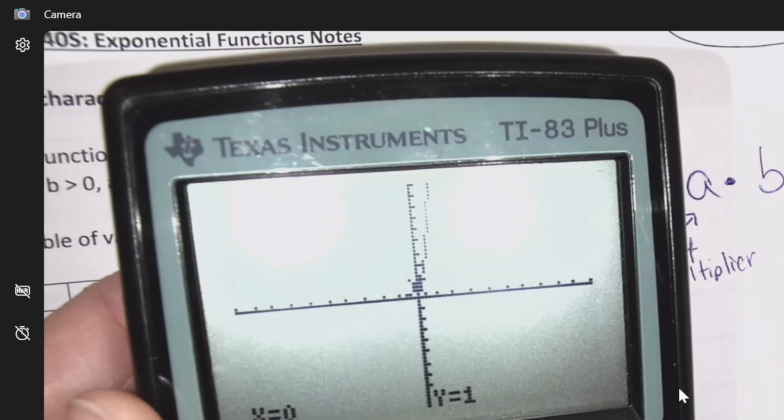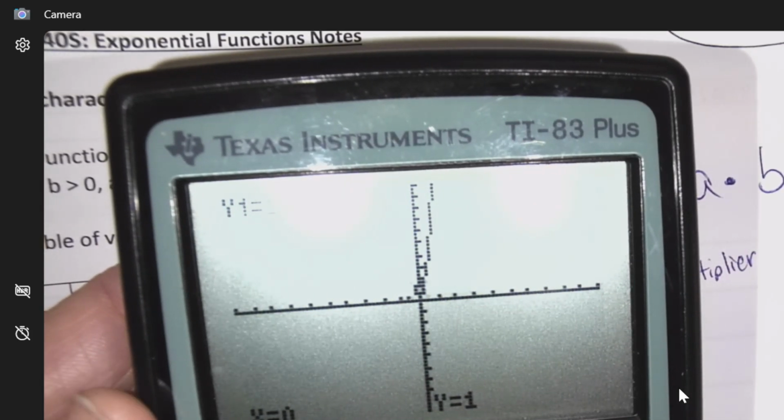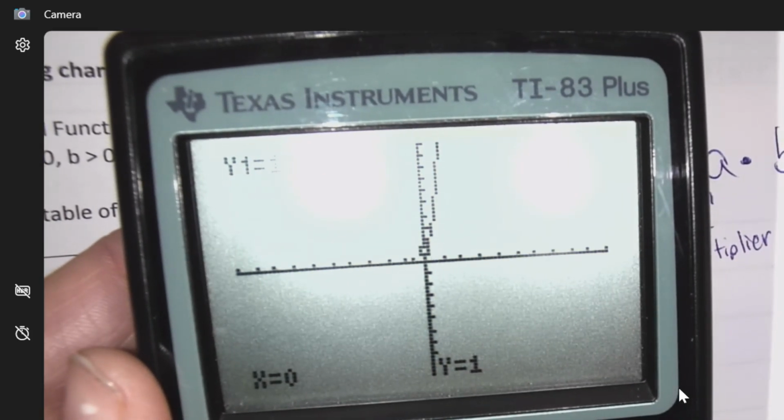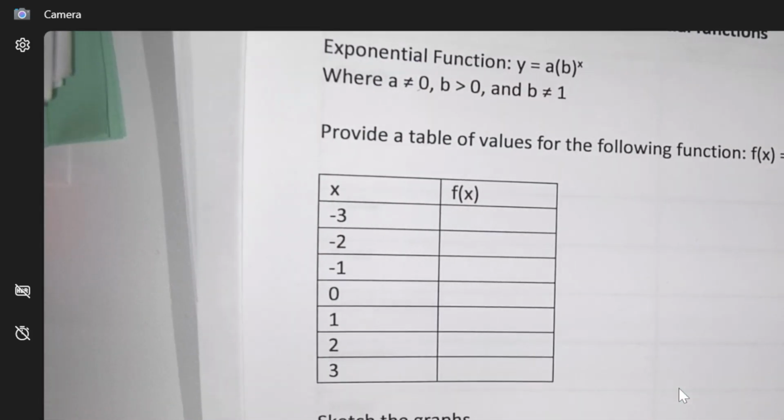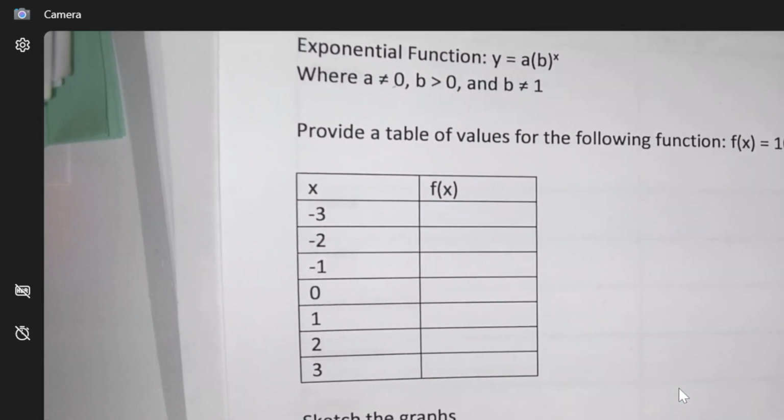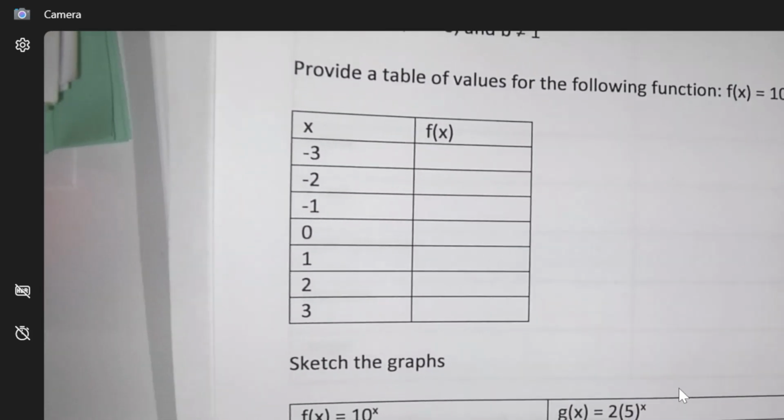Okay, so if I trace, it goes to my y-intercept there, which is 0, 1. So I'm going to just sketch this graph down here. And then this is what it's looking like.